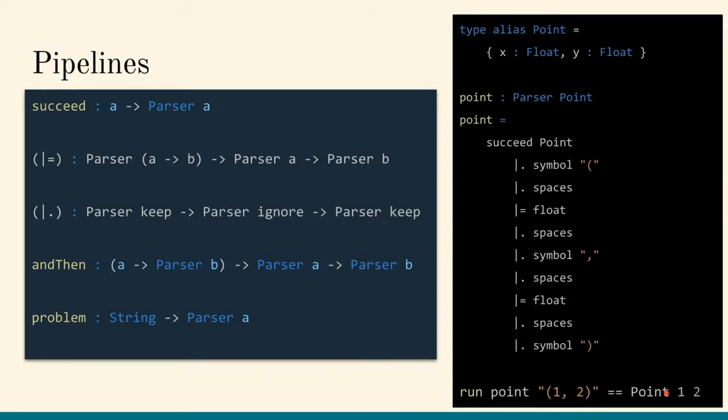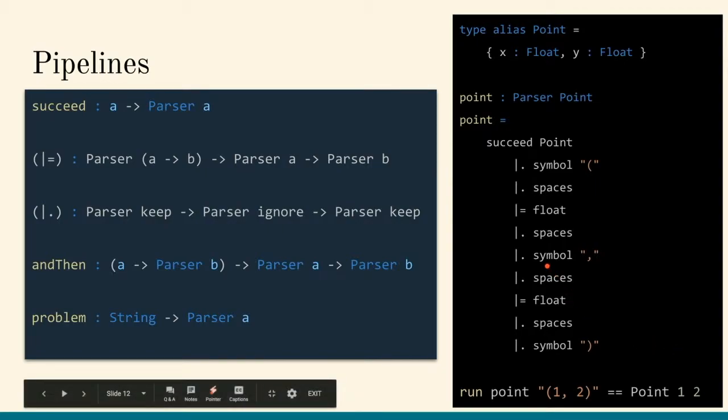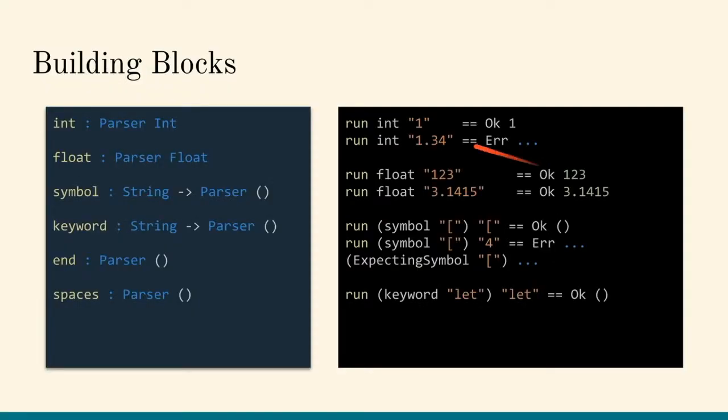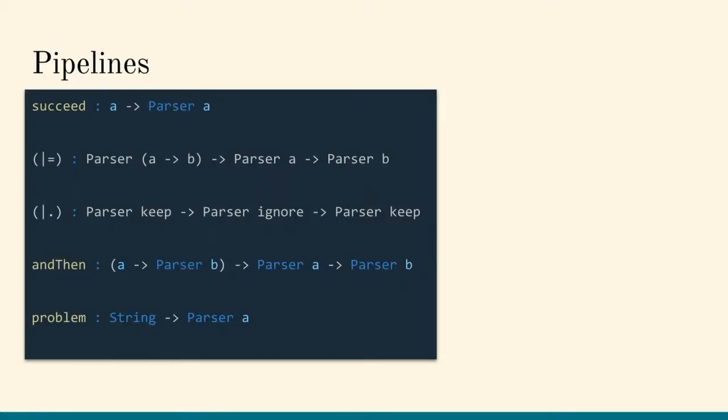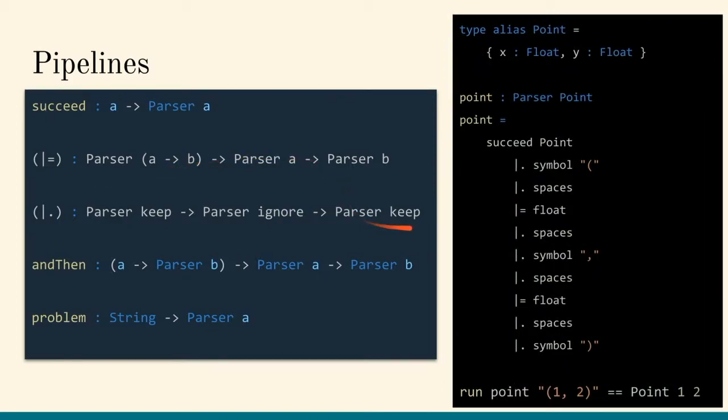So the symbol and spaces and float and spaces, those are all parsers? That's how you can pass them into the functions? They are all parsers. Symbol is like a building block we talked about. Spaces is like passing any space characters or empty. In that case, if you have a space or no space, doesn't matter. Just ignore this.